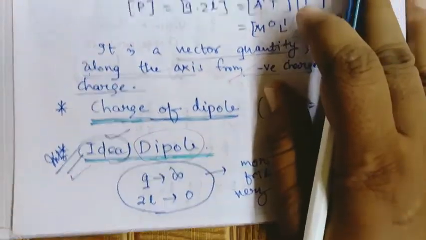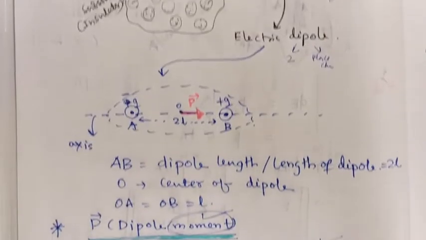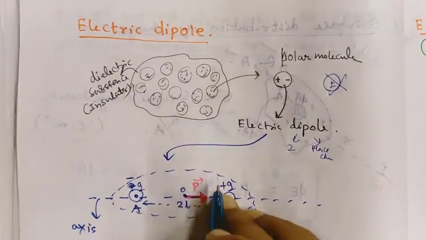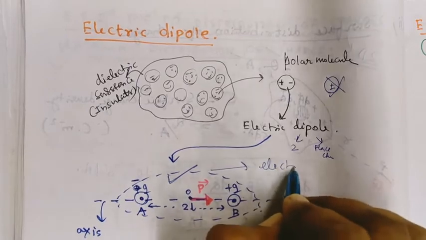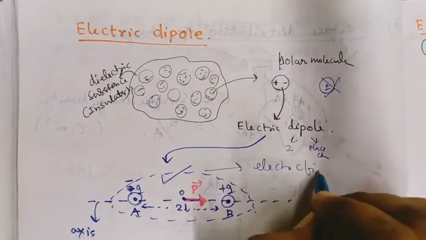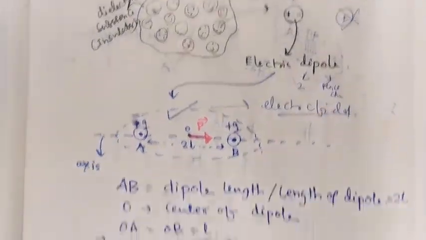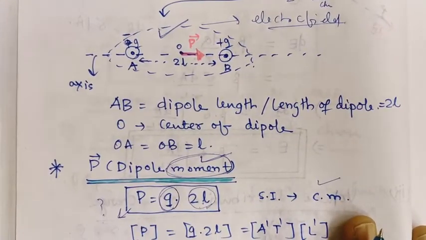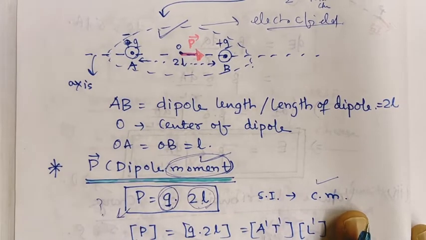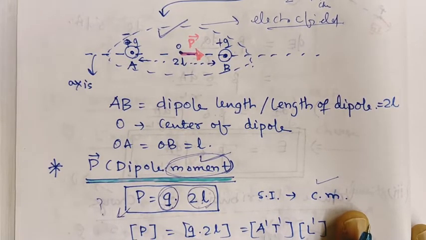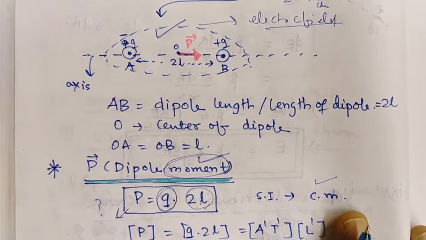Why do you study the dipole? We are interested in the dipole to study its electric field, meaning electric field intensity. In the previous class we learned that if the magnitude of charge is more, the field will be more.